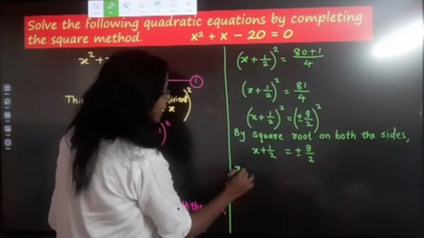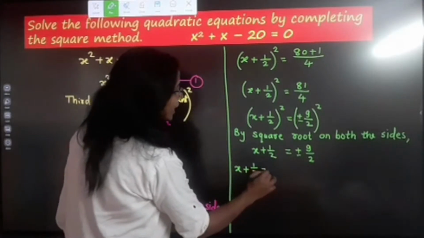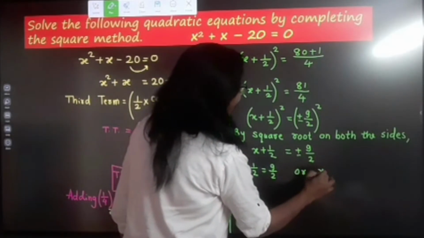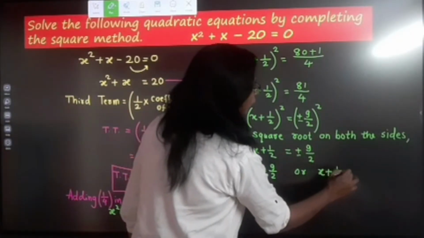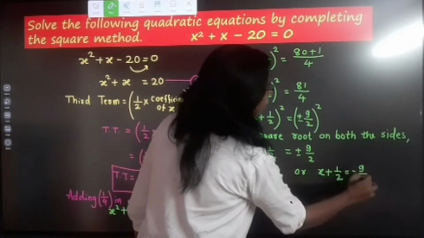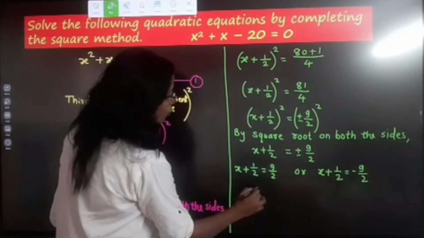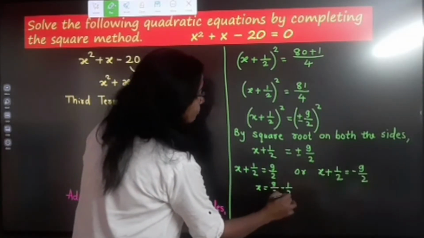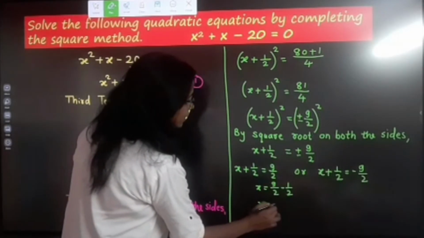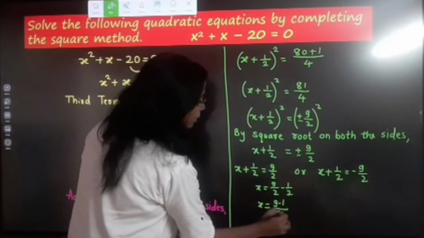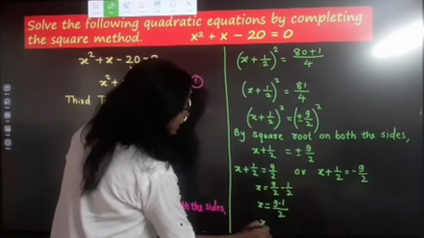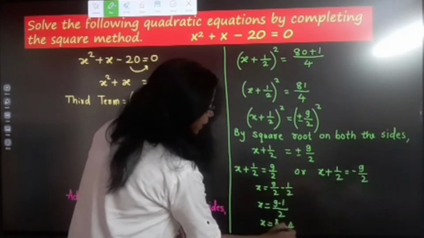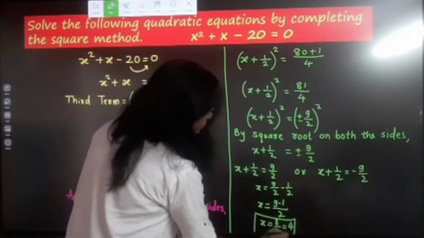So x plus 1 upon 2 is equal to 9 upon 2, or we say x plus 1 upon 2 is equal to minus 9 upon 2. So here x is equal to 9 upon 2 minus 1 upon 2. x is equal to (9 minus 1) upon 2. That means x is equal to 8 upon 2, and that means x is equal to 4.